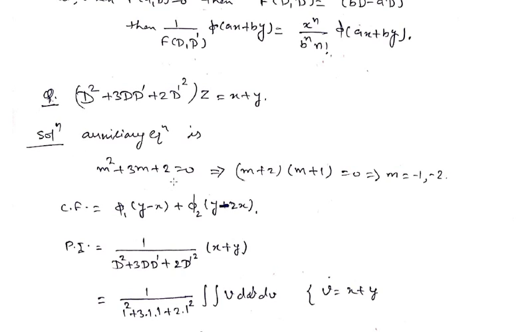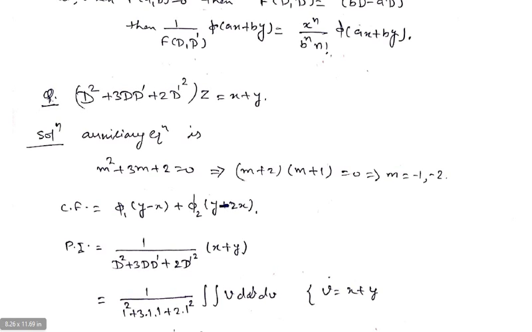Now we have to find the particular integral. PI is equal to 1 upon f(D, D'), where f(D, D') is D squared plus 3DD' plus 2D' squared, of x plus y. Here taking x plus y as v, the order of the homogeneous equation is 2, so we will integrate v twice with respect to v.